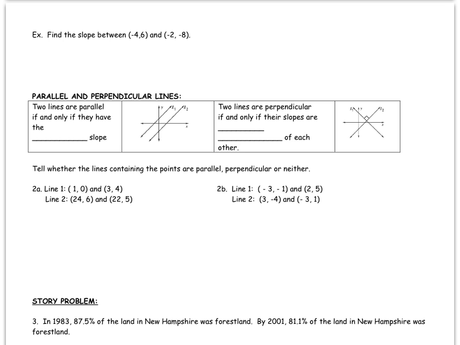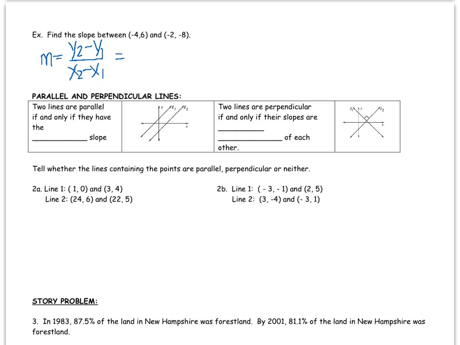Now you'll notice in this first example at the top that I am not giving you a picture. And actually, I don't want you to use a picture most days. What I want you to do is use the formula, y2 minus y1 over x2 minus x1, and plug this in.